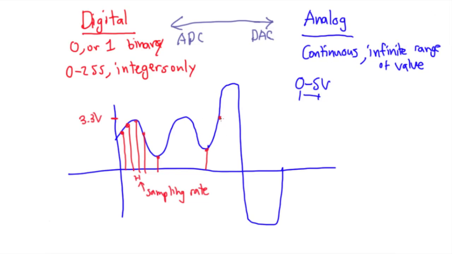It's going to read something up here at maximum, and it's going to lose the rest of the data that goes up here. So if this is 6 volts, the analog to digital converter is going to register it as 3.3 volts. And over here, it's only going to register this entire chunk as 0 volts.